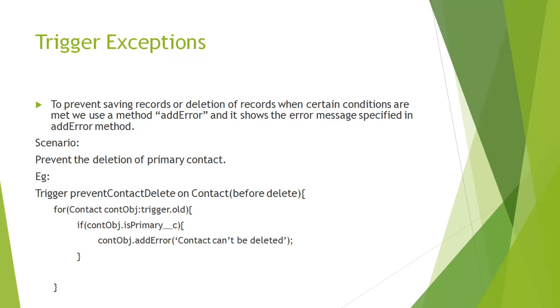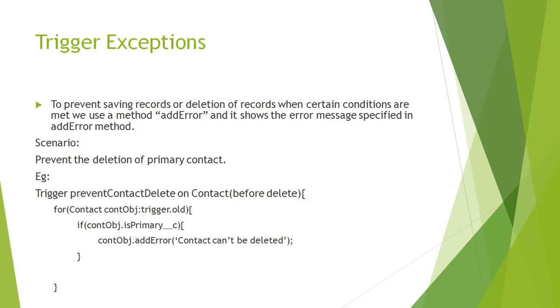We have to use the add error method in the triggers. The scenario is we want to prevent the deletion of primary contact. How can you do it? By using a trigger.